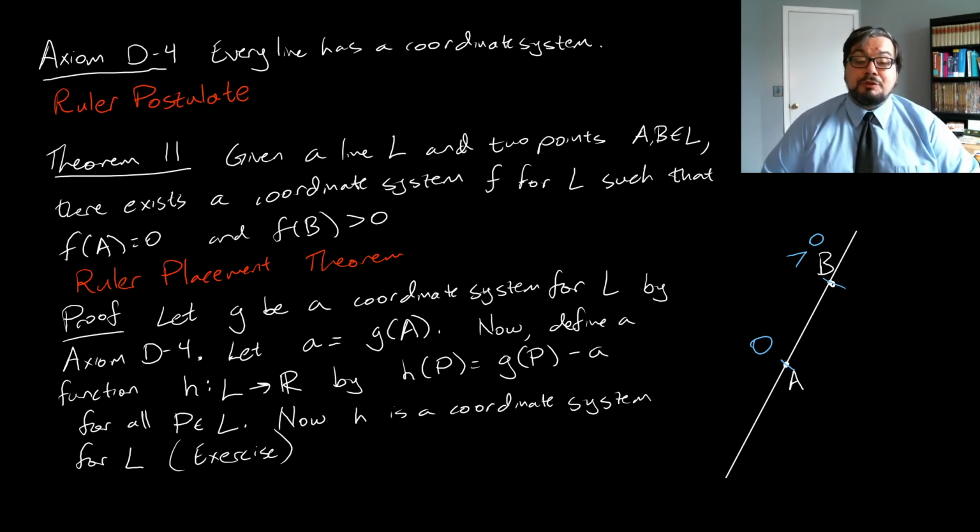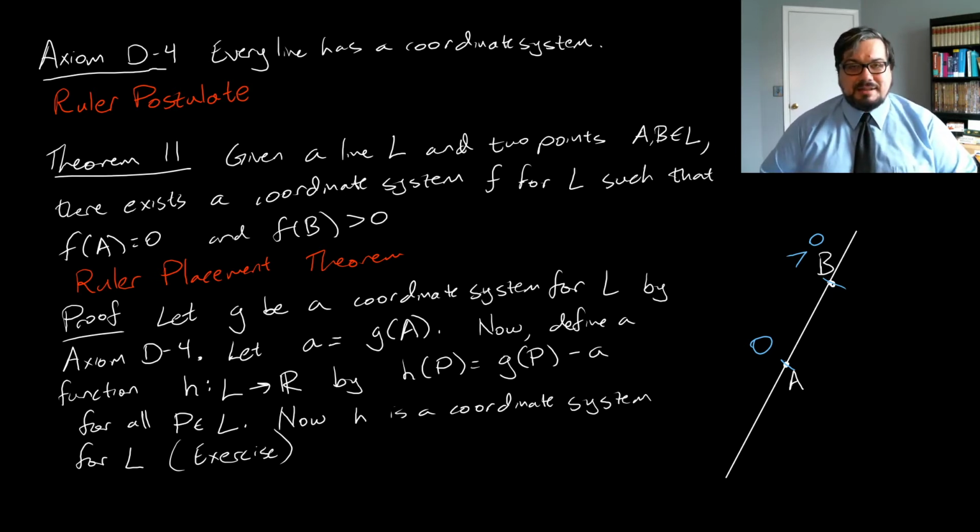So you need to prove that h is a bijection and that it satisfies the condition where if P and Q are two elements of your line, then the distance from P to Q is the absolute value of h of P minus h of Q. And you're going to get at that by using the definition of h in terms of g and using the fact that g is a coordinate system.